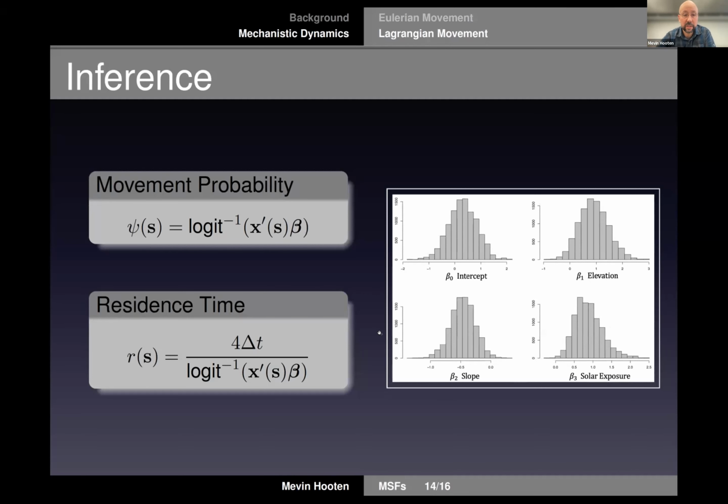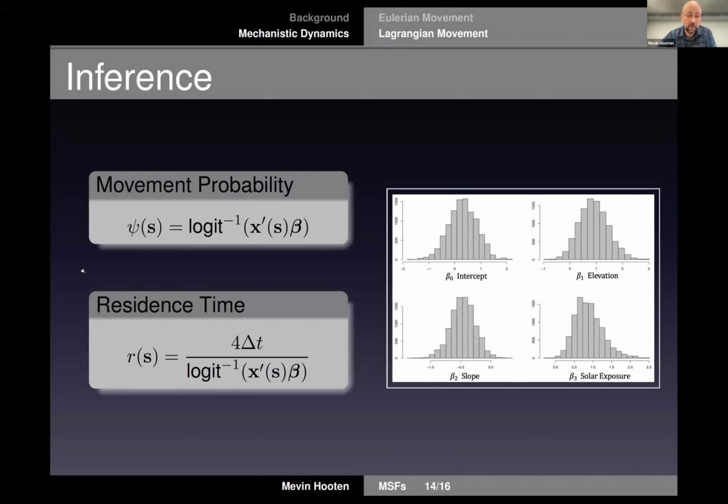But because that's inversely related to residence time, it means that as solar exposure increases, the individual mountain lion will linger longer in areas where there is less solar exposure. And so that gives us some feel of movement associated with the Fokker-Planck PDE that we wouldn't normally get out of the resource selection approach when we use the more standard link function in there.